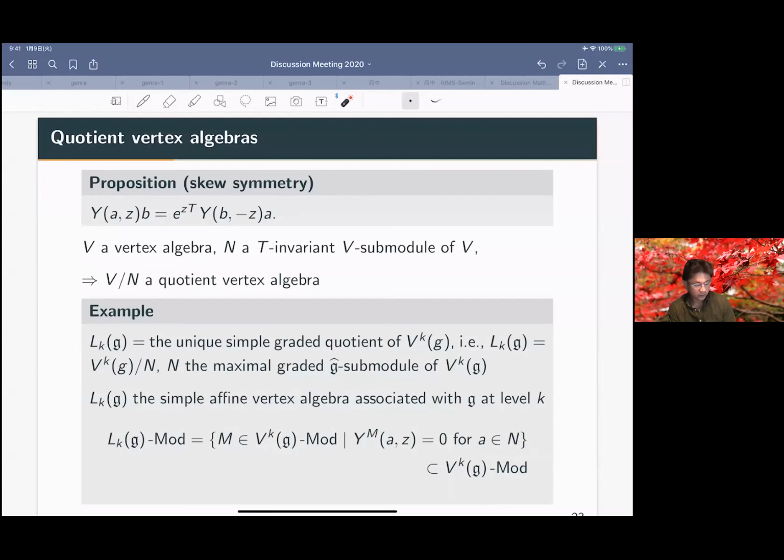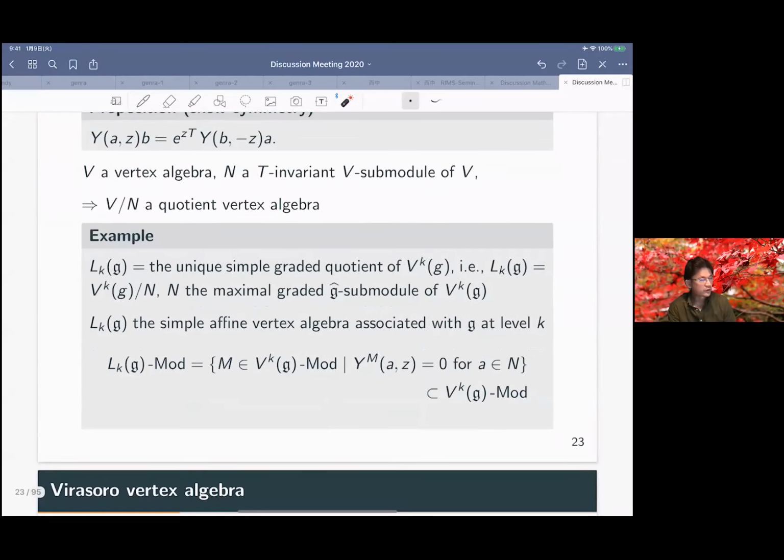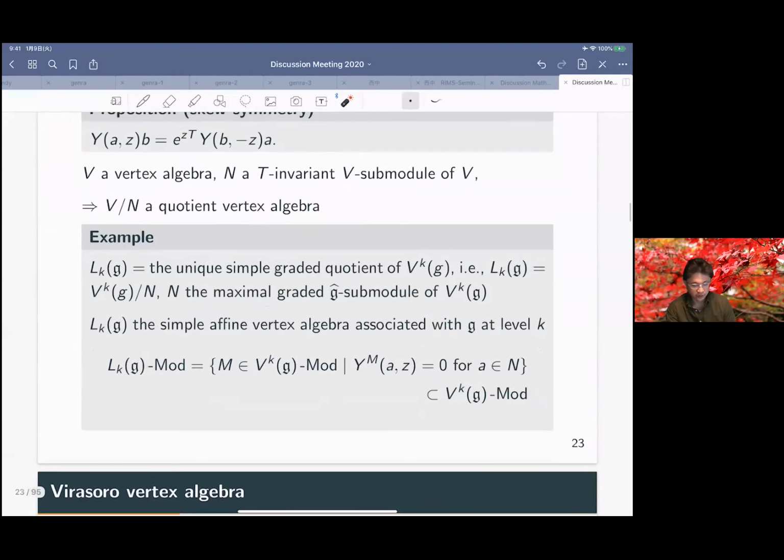And for some values of k, this category becomes very interesting. And that's one of the subjects of the study of vertex algebras.